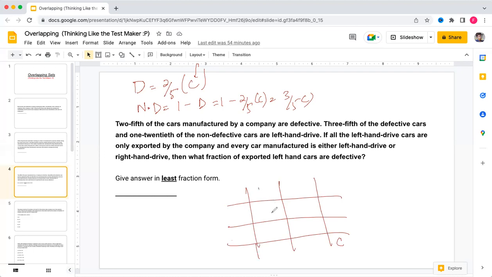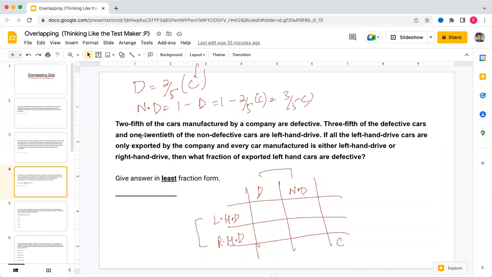One includes left-hand and right-hand drive. Let's call this left-hand drive and right-hand drive, and this defective and non-defective. You can see these two are mutually exclusive, and these two are mutually exclusive. They can't occur at the same time. You can't have defective and non-defective at the same time.